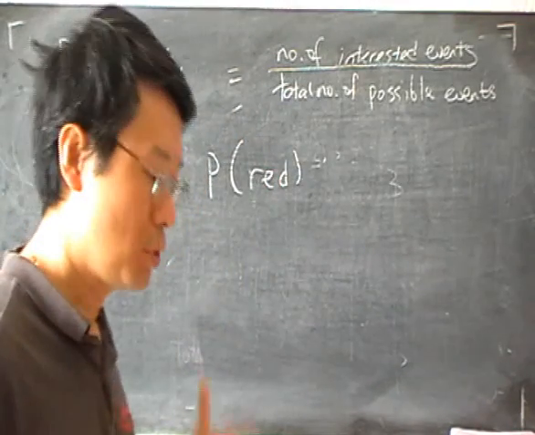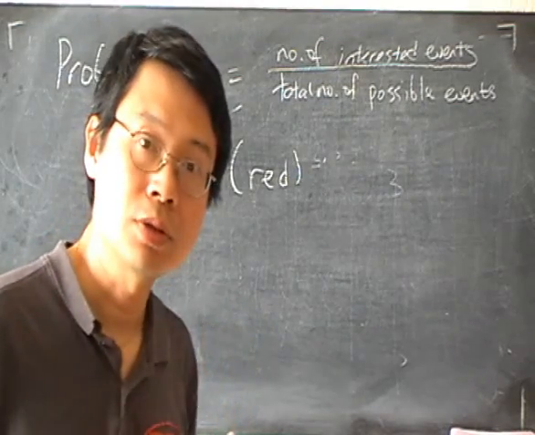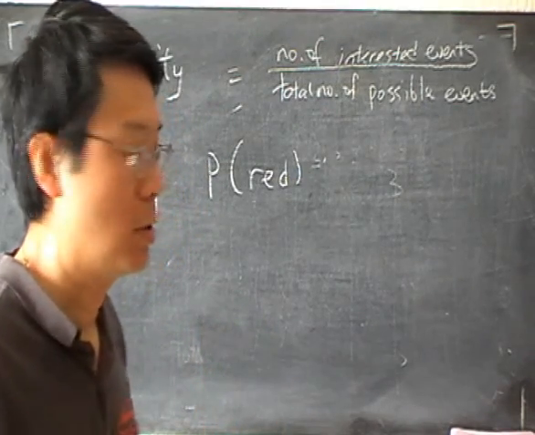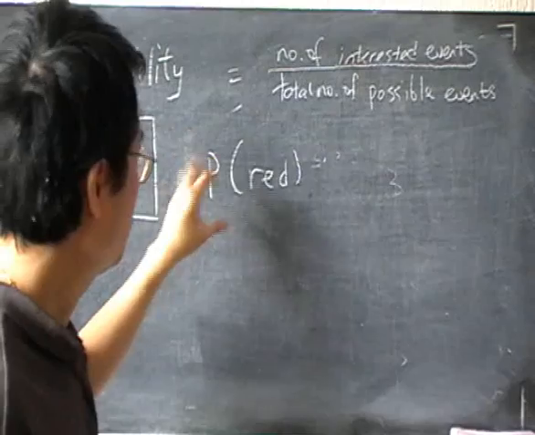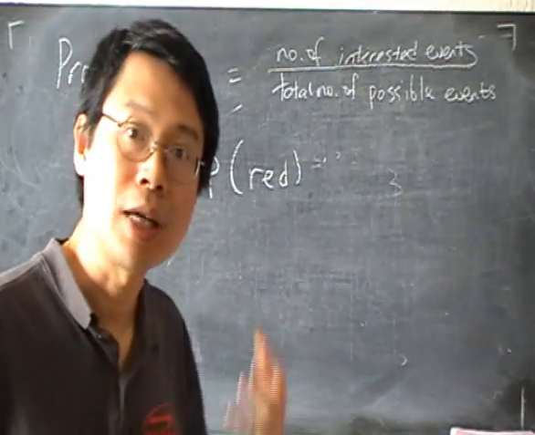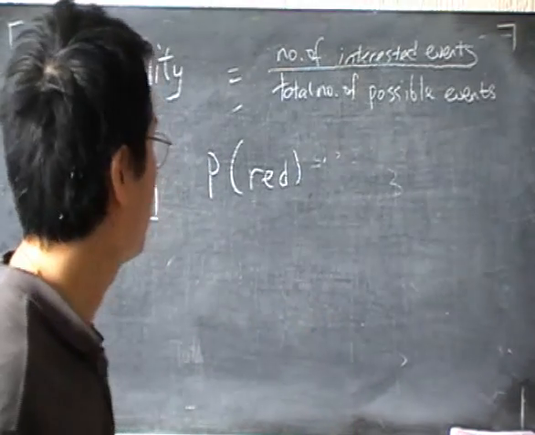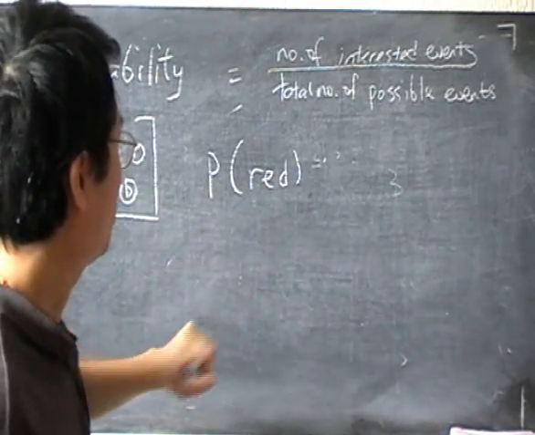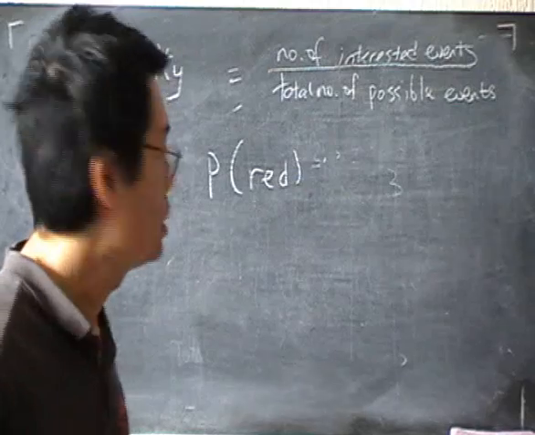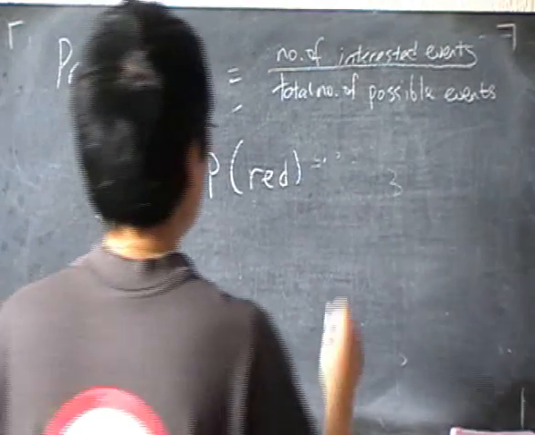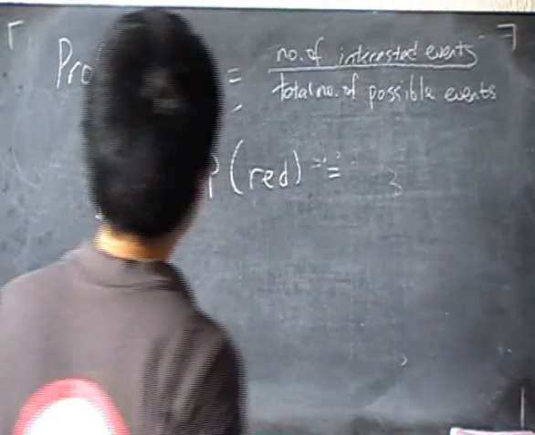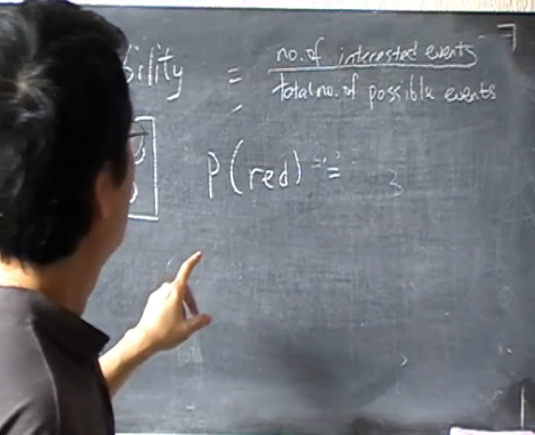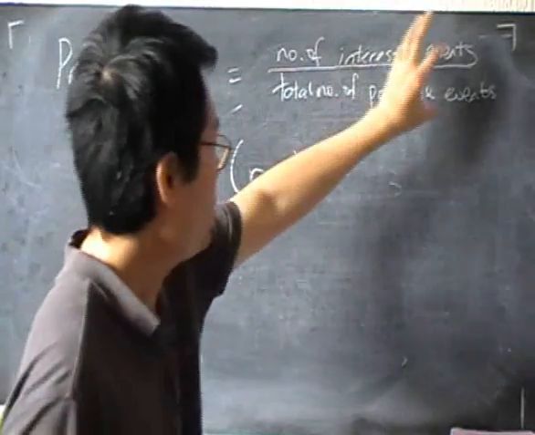Now if you remember from the last session on functions, this looks very much like the expression for a function. Alright, so the probability of getting a red ball, just P bracket red. So that's what it means. And if I want to find the probability of getting a red ball, I would use that formula.